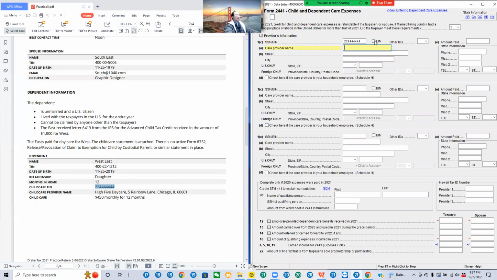And most likely it's an EIN number. Let's assume it is. Now, Hi-Fi daycare. Sometimes there's a limitation of the space, so you cannot put it in. That's fine.